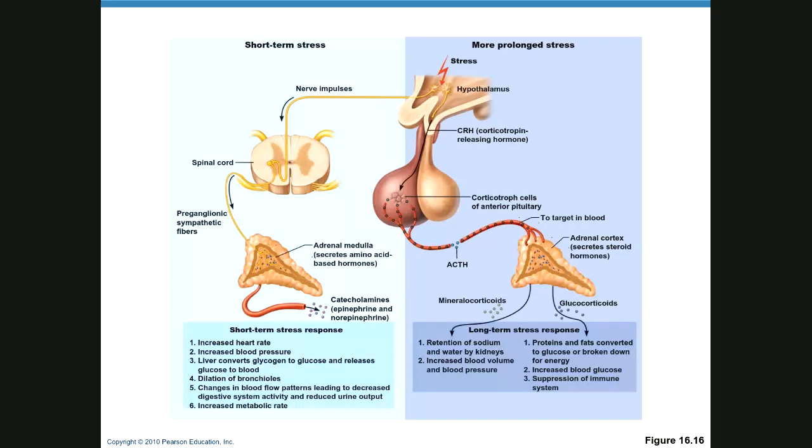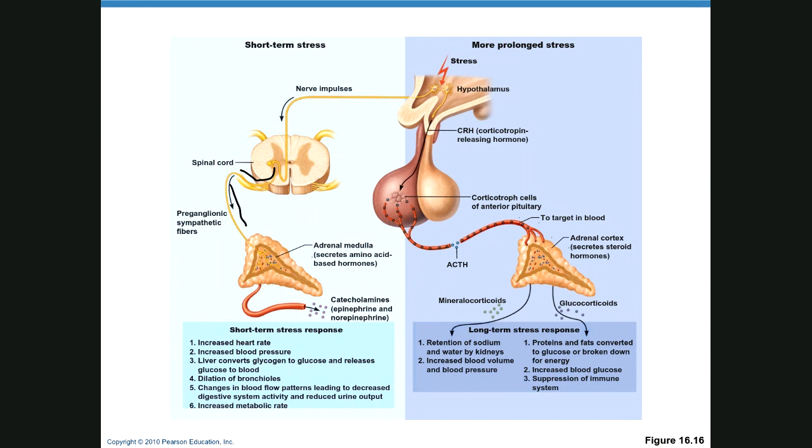And here we have a couple of things. Okay, in short-term stress, like you're being attacked by a bear, you're going to get the initial sympathetic response, which comes straight off of the spinal cord, and it's going to go straight down here, the adrenal gland, all the way down here.